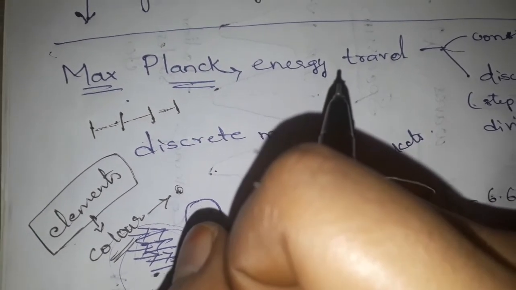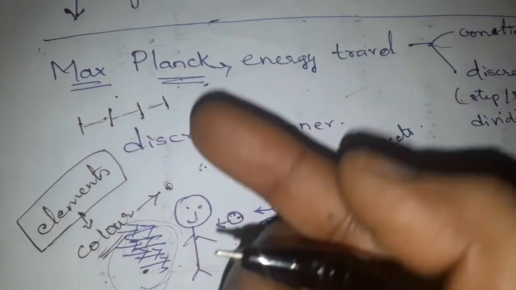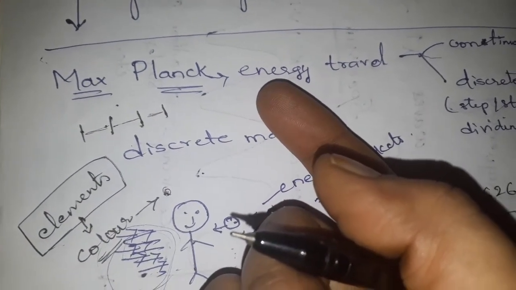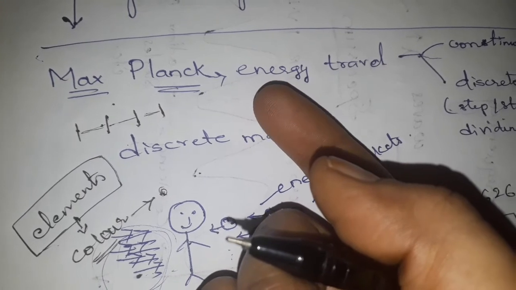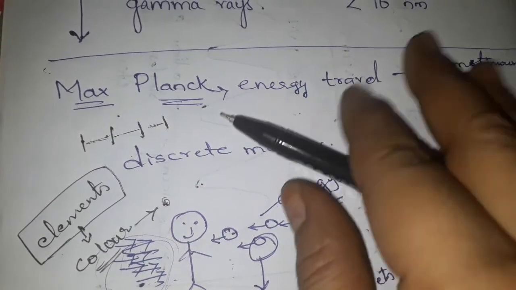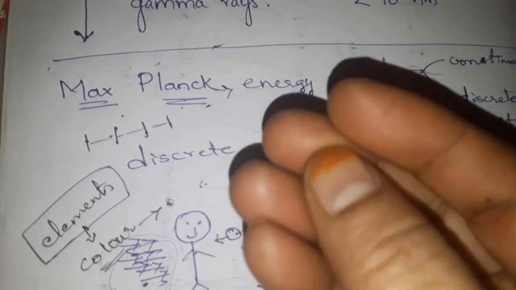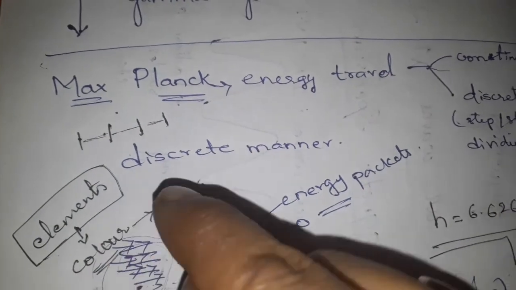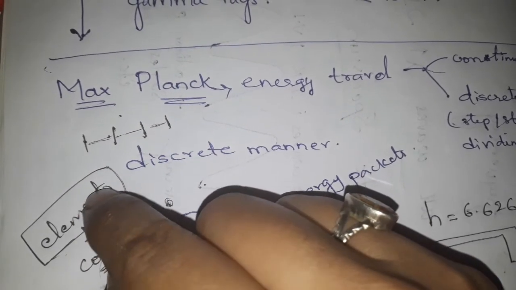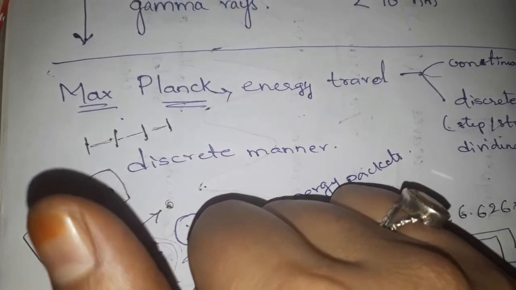Similarly, like we use fingerprints to know a person. When a criminal commits a crime, how do we know? By finding the fingerprints and identifying the person. Similarly, with the line spectrum, we come to know which element the atom has.